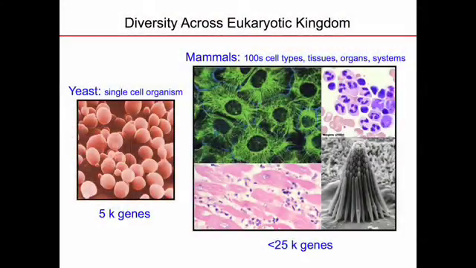So in the eukaryotic kingdom, there are multiple different organisms, from single-cell organisms such as yeast, to mammals like us that contain hundreds of cell types, tissues, organs, and systems.